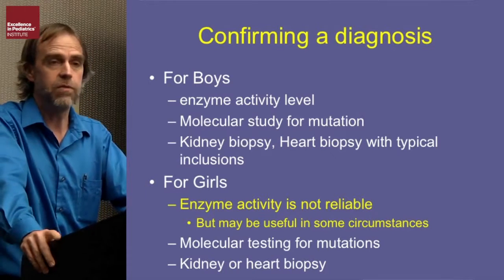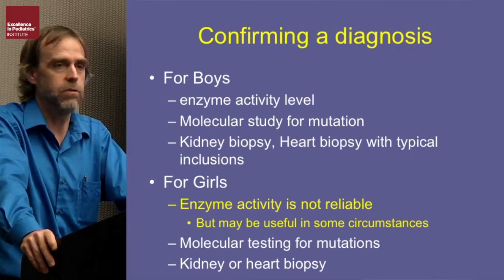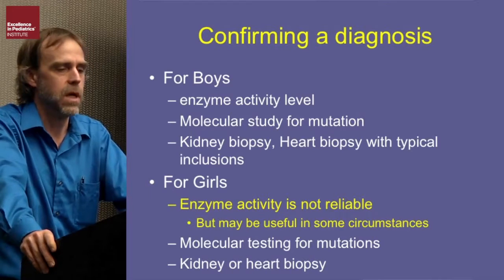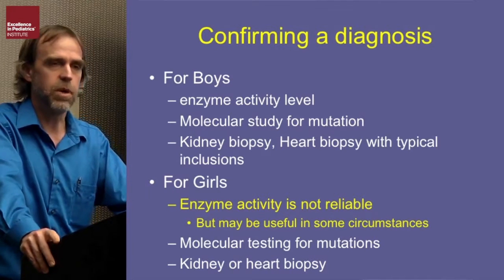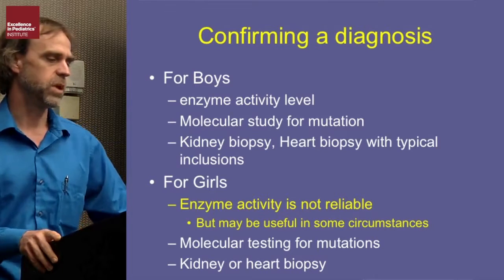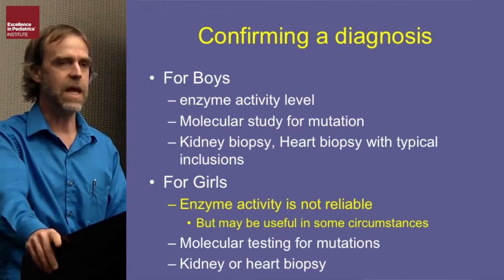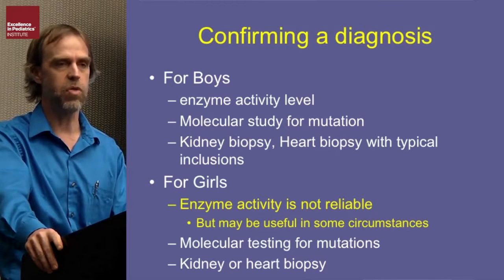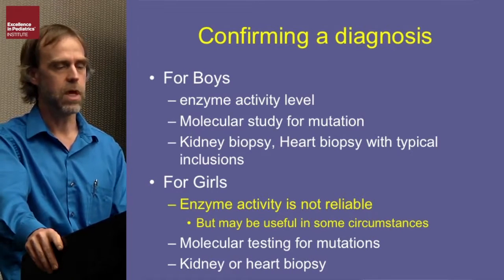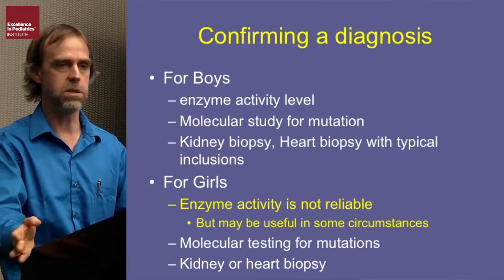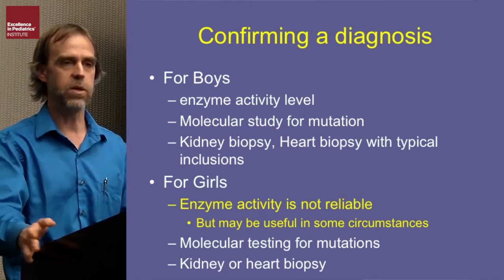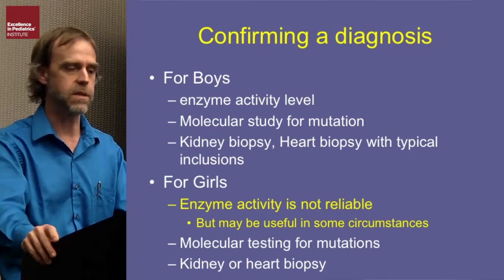Now, if you think of Fabry disease, how do you confirm your diagnosis? There's a little bit of a difference between boys and girls because this is an X-linked disorder. However, it's an X-linked disorder that affects both males and females. So you want to pay attention to the girls, but the way that you confirm the diagnosis is not the same.